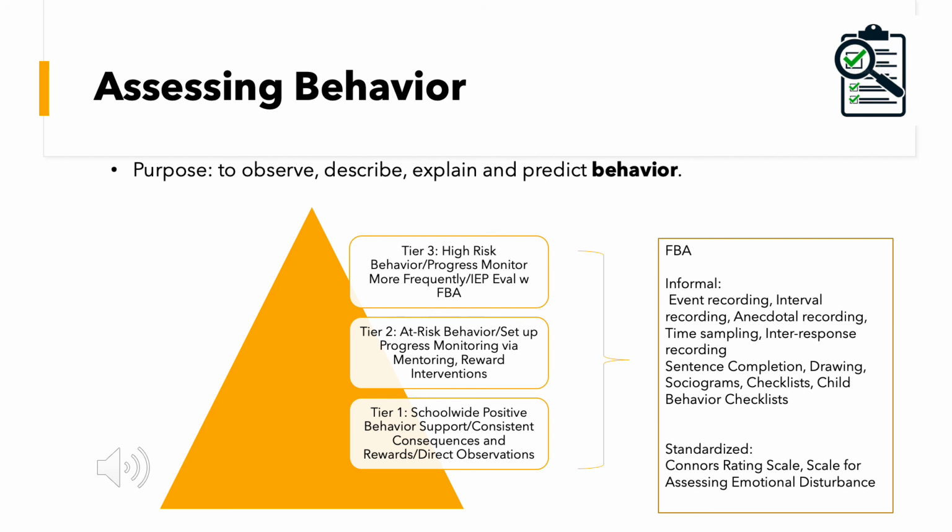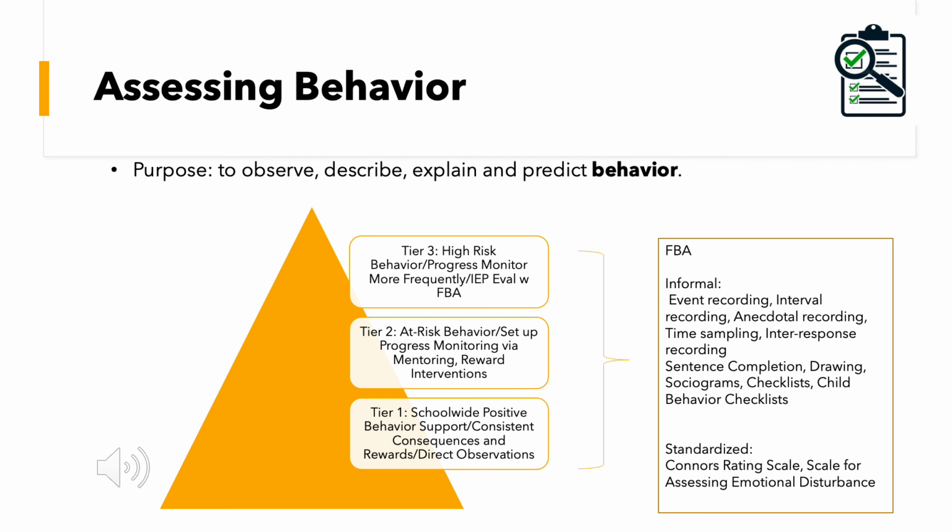Let's take a look. At the foundational level, Tier 1 represents the universal behavior support for all students. The school-wide positive behavior support consists of the rules, rewards, and consequences applied to all students. On this tier, consistency with consequences among teachers and staff is key to its success.